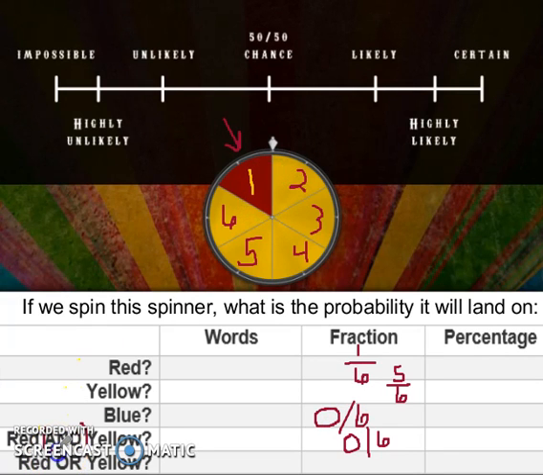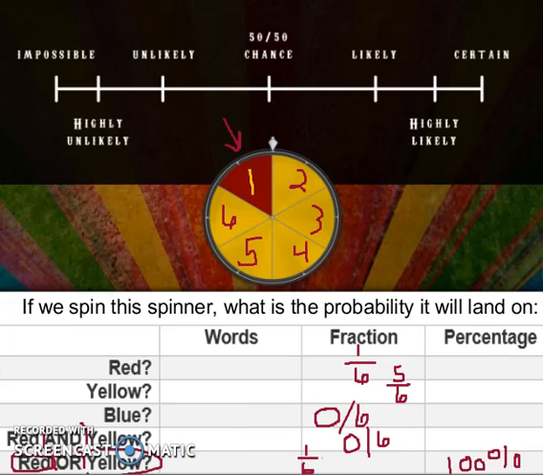And then how about red or yellow? If I spin, could I get a red or a yellow? There's a 100% chance. A 100% chance that I would get red or yellow. Now let's think about how we do these compound probabilities. The chances of getting red, we said, were 1 out of 6.